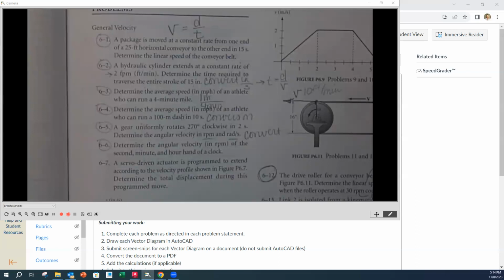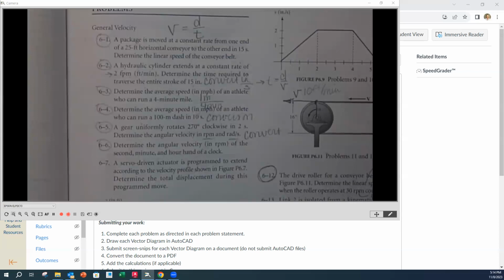And then the next one, number 4, is really going through that same process, but this time they're doing the 100-meter dash in 10 seconds, and they want you to convert that to miles per hour. Now, this time you may need to look up a conversion. Feel free to do it online, just maybe check in 1 or 2 places to make sure it's correct.